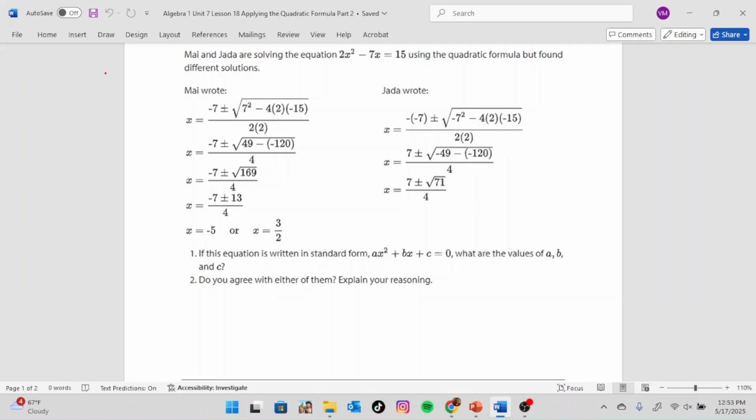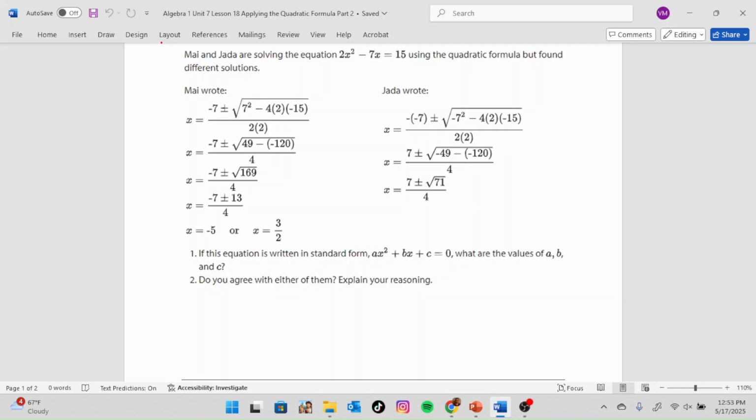We can see Mai's work on the left, and we can see Jada's work on the right. Number 1, if this equation is written in standard form, set equal to 0, what are the values of a, b, and c?